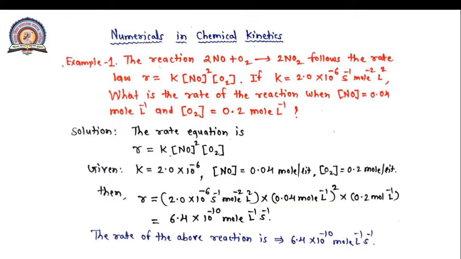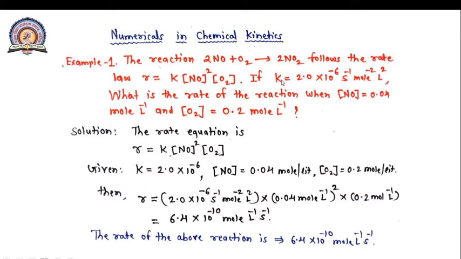Problem number 1. The reaction 2NO plus O2 gives 2NO2 and follows the rate law R is equal to K into concentration of NO to the power 2 into concentration of O2.